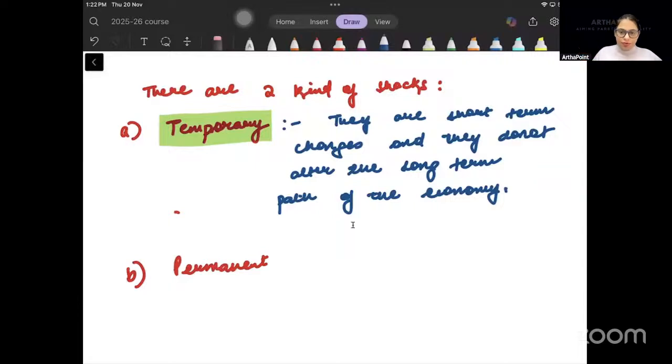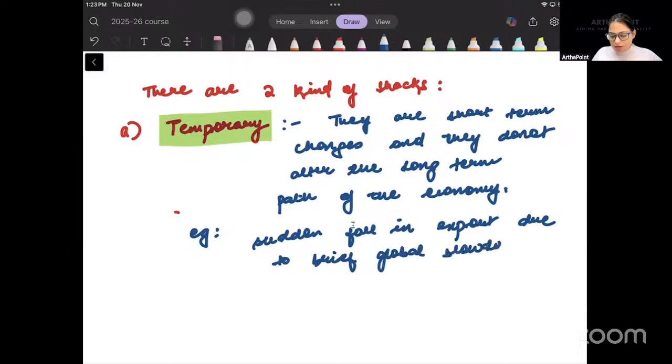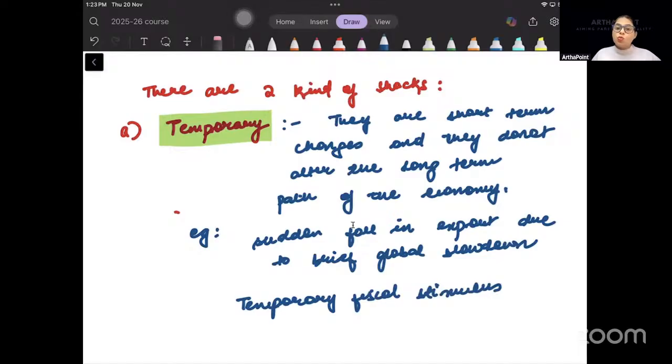For example, you can say a sudden fall in export, just a one-time fall in export, like during the period of COVID, a brief global slowdown. Or a temporary fiscal stimulus, that means one-time government spending.